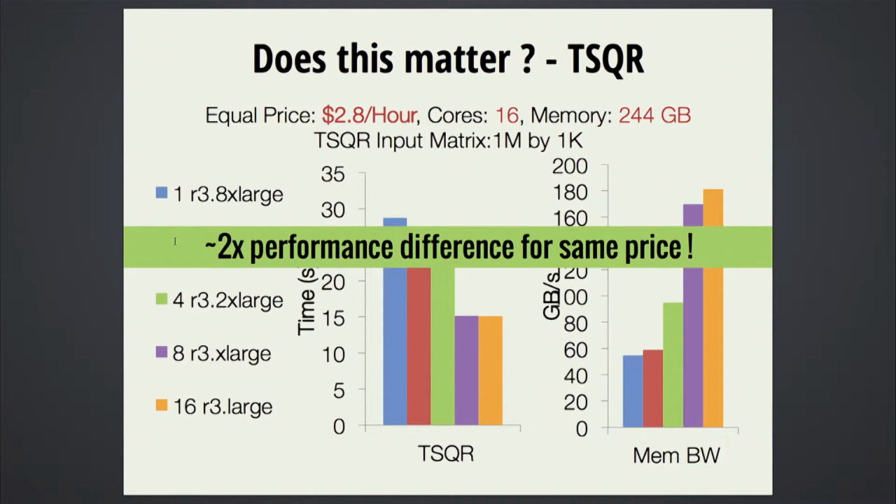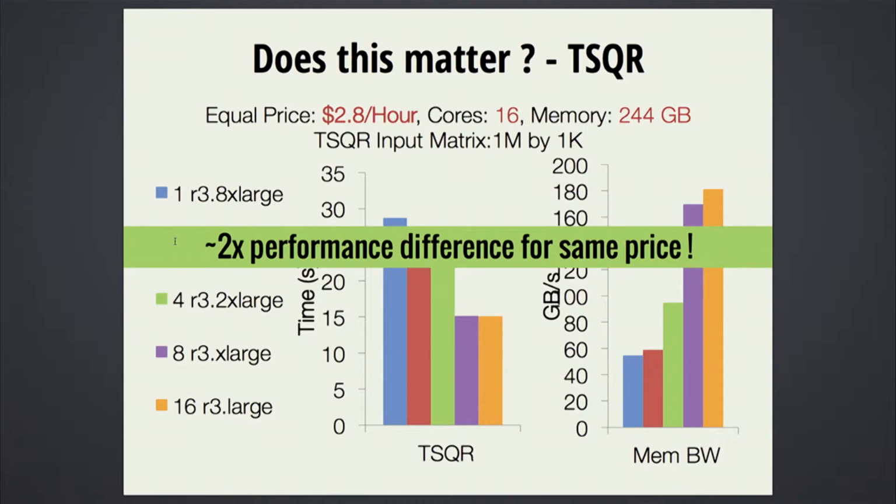The animation sort of messed up how this looks, but what you can see in the graph behind this is that there's actually a huge difference in performance, even though we're paying the same price per hour across these instance types. And more surprisingly, what we found was that the smaller instance types, like the 8 R3.extra large or the 16 R3.large instances, actually finish the fastest. The axis here is showing the time it takes to run this computation.